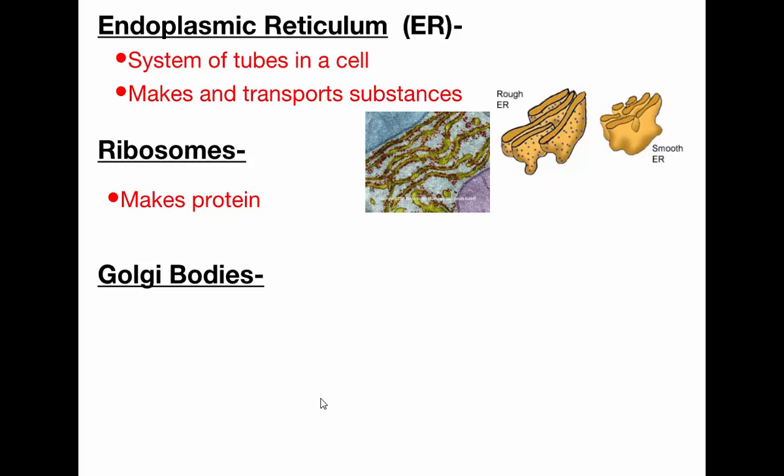Ribs are a type of what? Meat, and meat is mainly protein. So ribs go with protein, the ribosome makes protein. That's its job. Some of the ribosomes are stuck to the ER like this. Others are just floating around in the cytoplasm on their own.